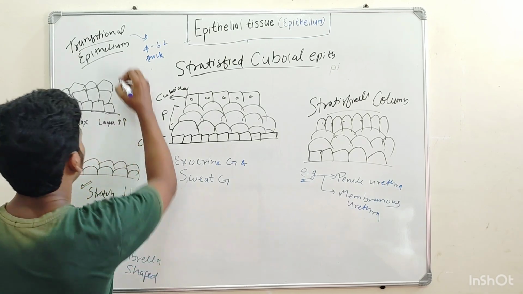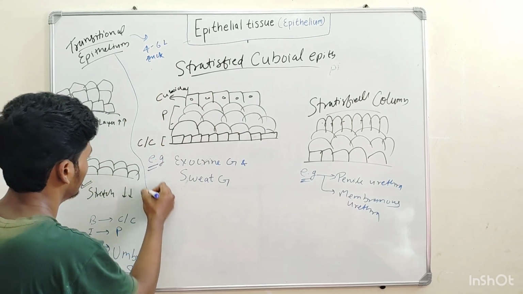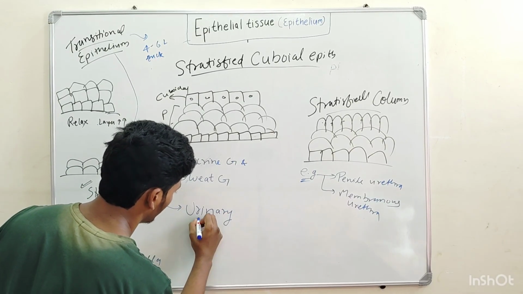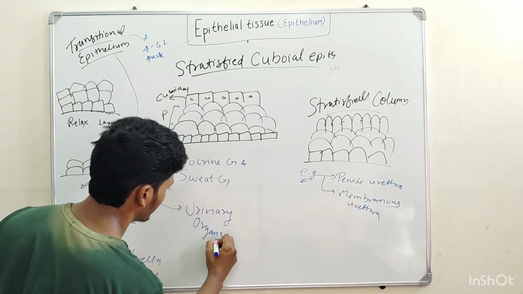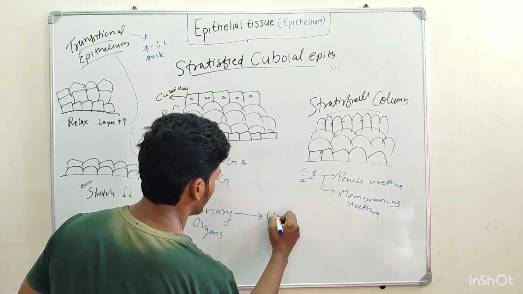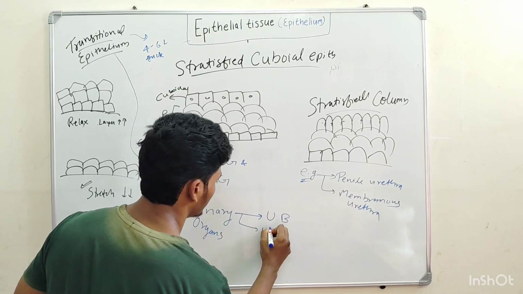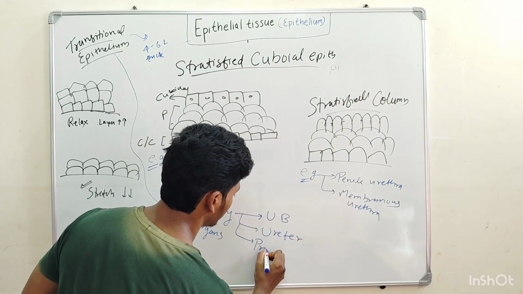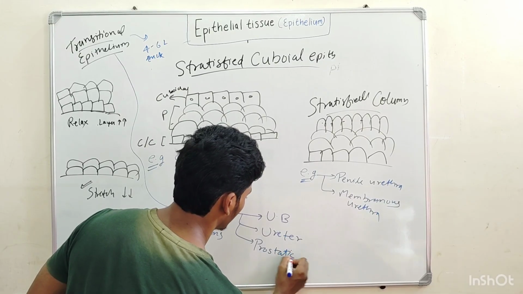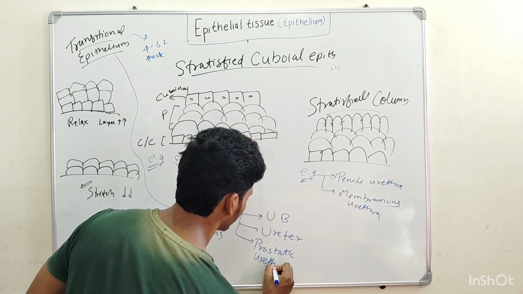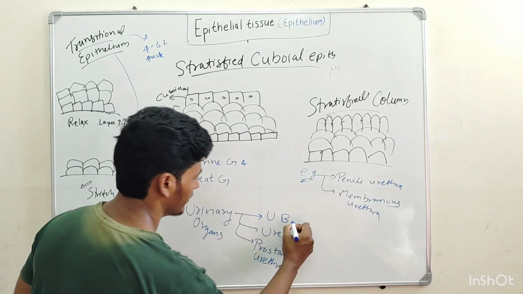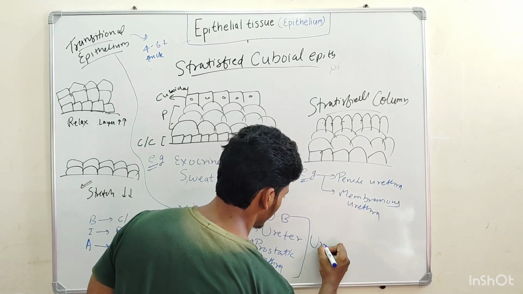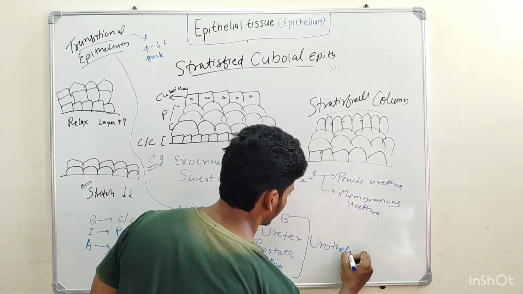Where is it found? It is found in urinary organs, like the urinary bladder, ureter, and prostatic urethra, and the combination of them is called urothelium.